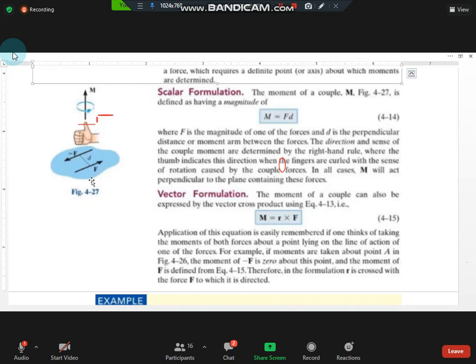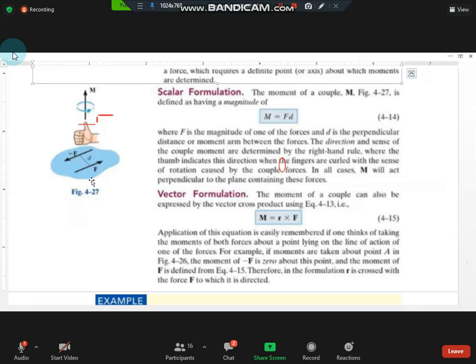Then we determine the direction of the force. So it is not just the direction going towards the origin or away from the origin, because here you are not assuming a linear motion, but a circular or rotary motion.